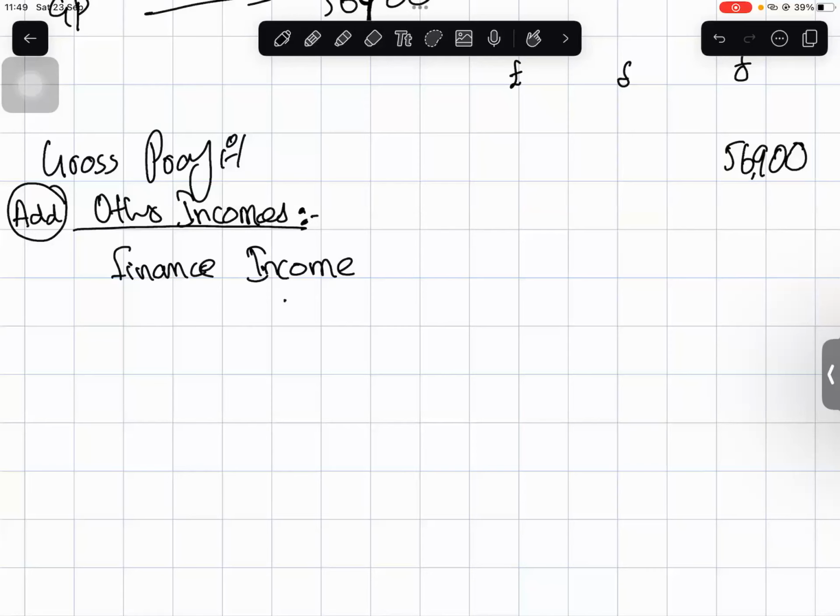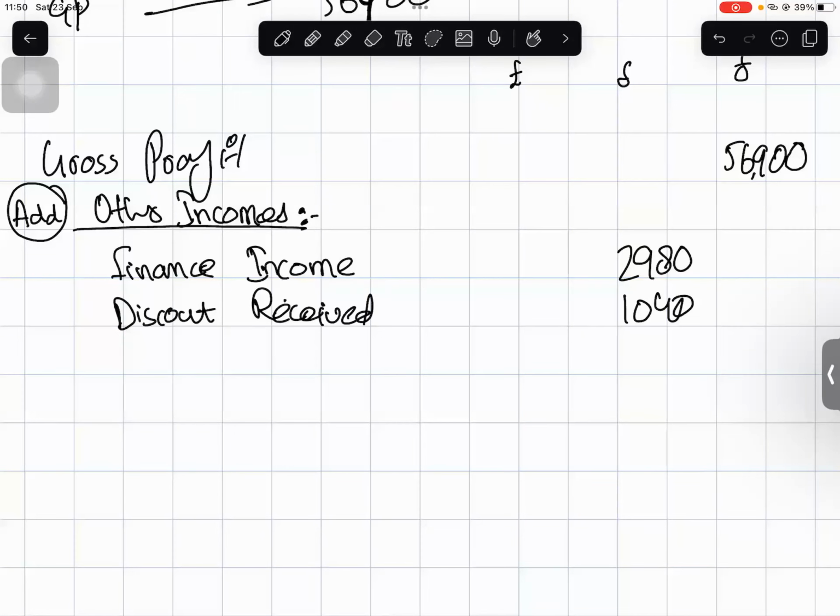So finance income, what is the amount? 2980. Right, we will write that here. What else is there that should come here? Discount received. Absolutely. The amount is 1040.